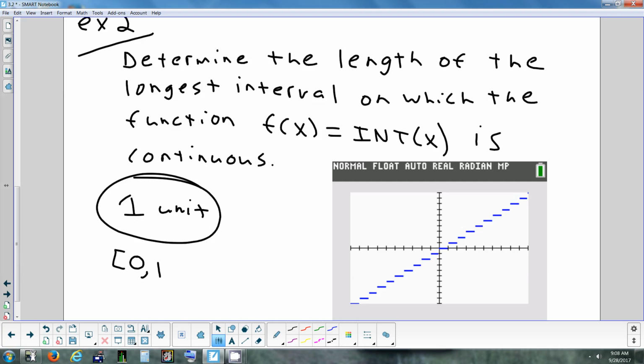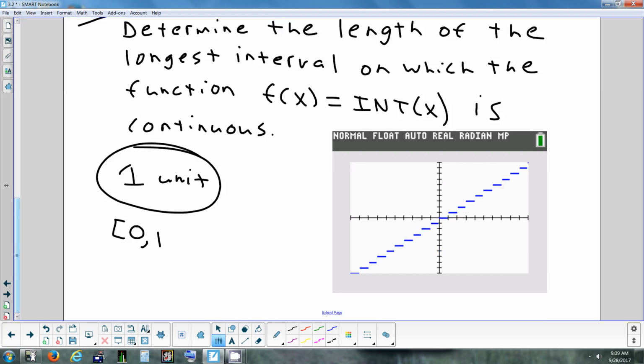So remember how the integer function works. It rounds to the greatest integer that's less than or equal to your number. So, for example, if you had 2, what's the greatest integer that's less than or equal to 2?